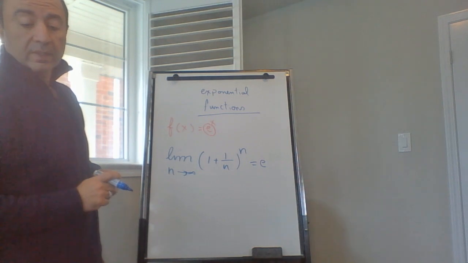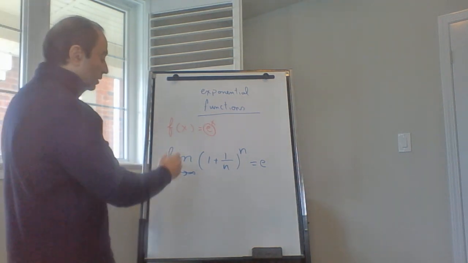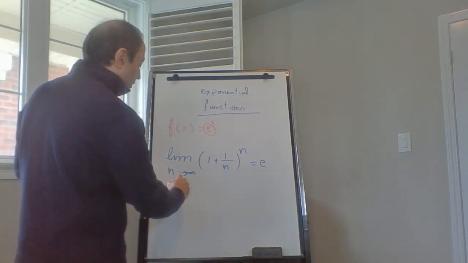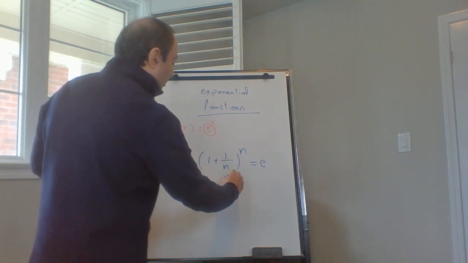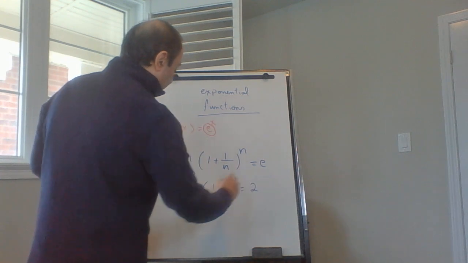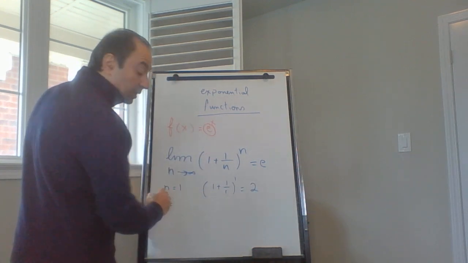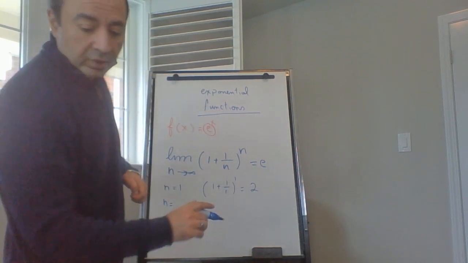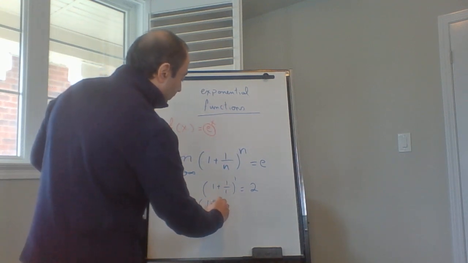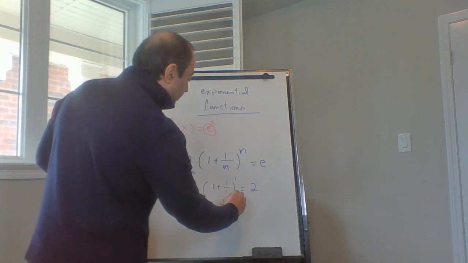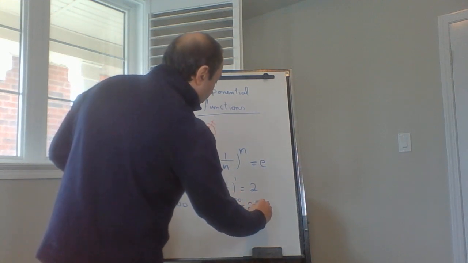So, for example, if n equals 1, we will find that 1 plus 1 over 1 to the power of 1 will be 2. If n equals 100, it's 1 plus 1 over 100 to the power of 100, and we find that this equals 2.7.